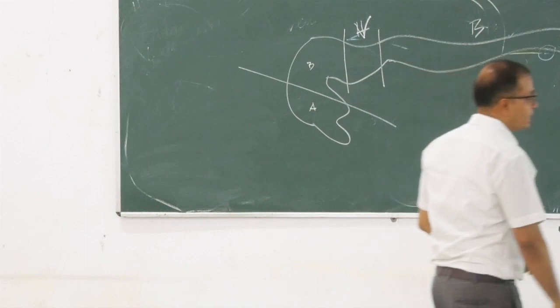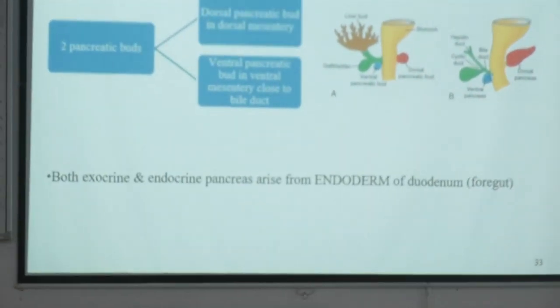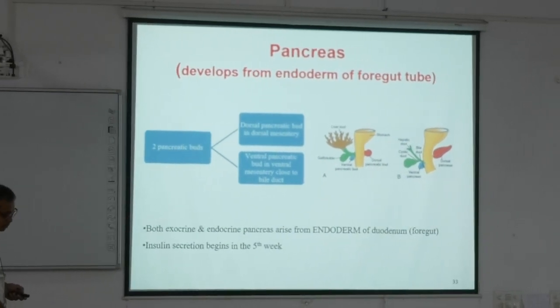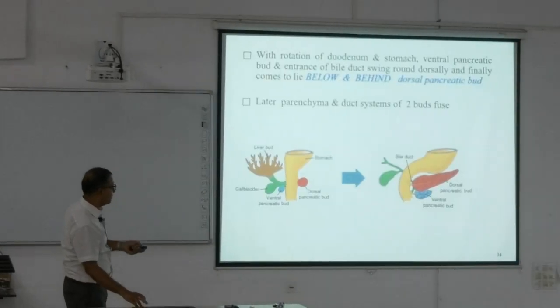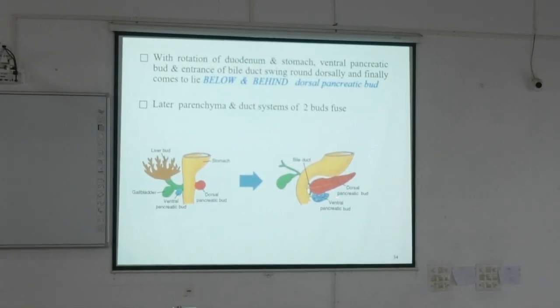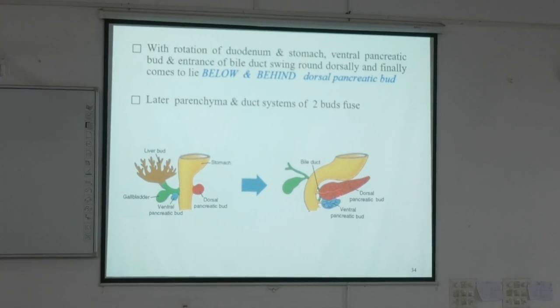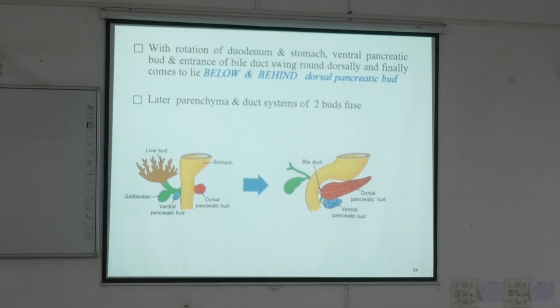With subsequent time, we see the ventral one going to the back side with the movement of the gut tube, or the stomach, from the ventral side to the back side. What was in the front side, which you're seeing here, transforms into this with the rotations of the stomach and the duodenum.